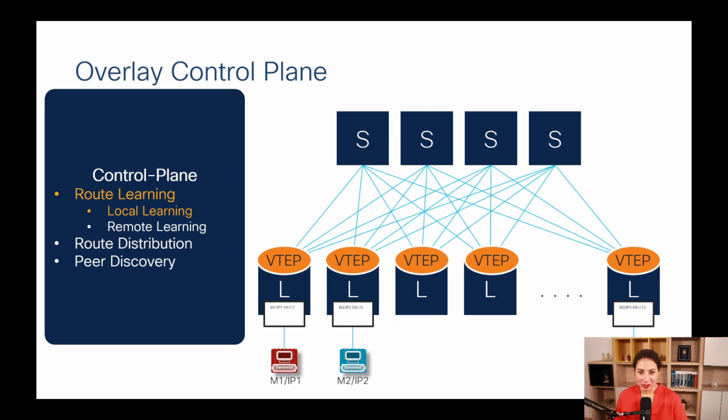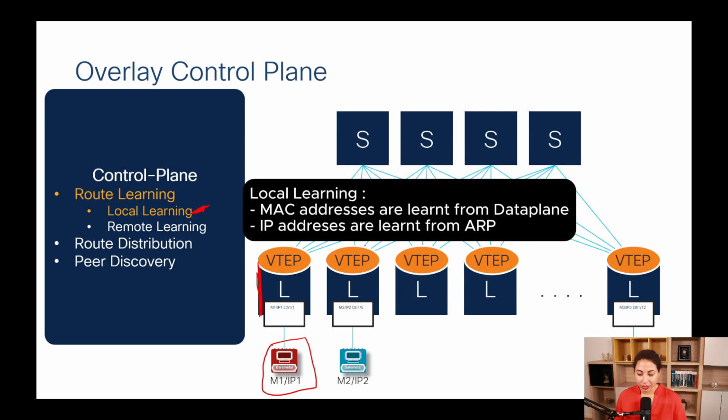So now we are going to be able to see the roles of everyone. First, the first responsibility of each leaf is the local learning. What does it mean? It means that when the attached devices start sending traffic, whatever the kind of traffic, and it reaches the ports on which the local device is attached, the leaf will learn the MAC and the IP.